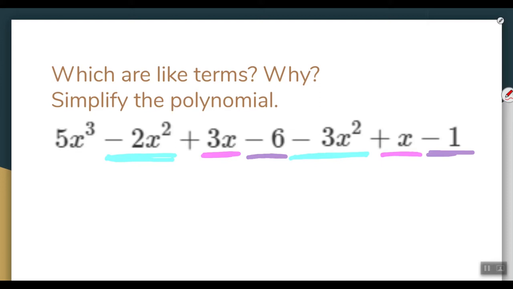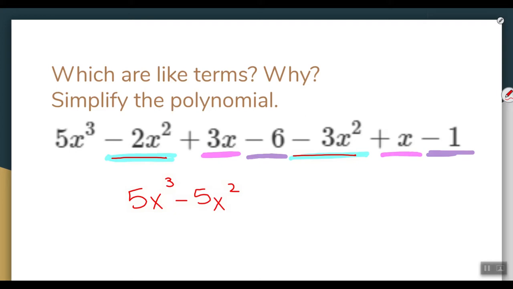Okay, so I'll start, and I will do this in standard form, which means I think about it with the highest exponent first. So I have 5x cubed, and then I think about these two terms with the highest exponent. So -2x squared minus 3x squared is how many x squareds? Well, if I have -2 and then I go 3 more negative, it's even more negative than before, and it's -5x squared.